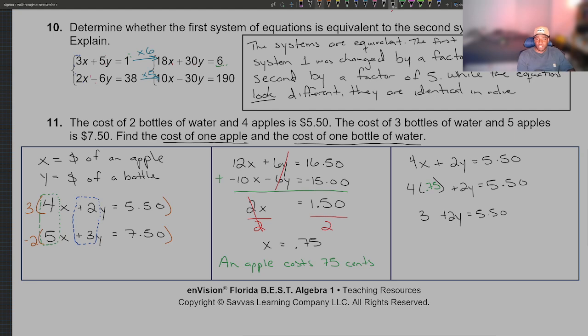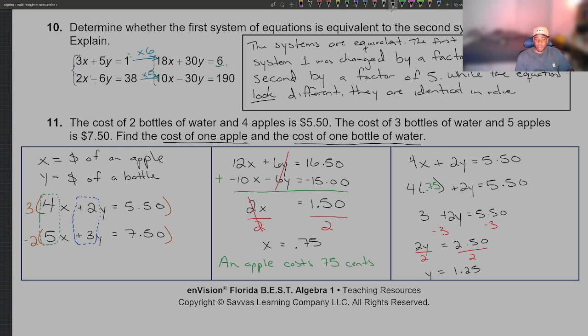Now we're just going to subtract 3 from both sides. We end up with 2y equals 250. We're going to finish off by dividing both sides by 2. And so we end up with y equals $1.25.